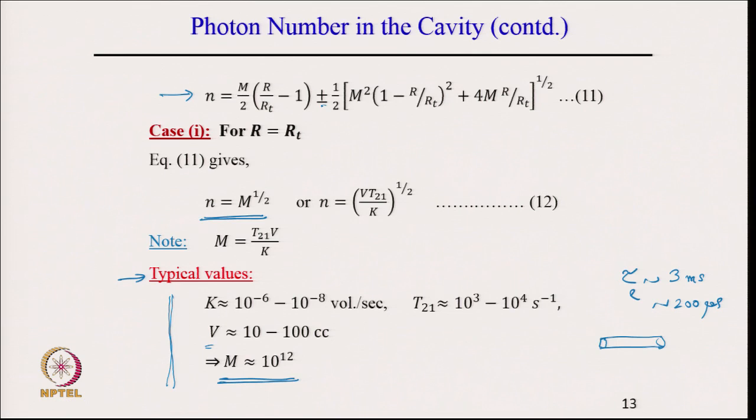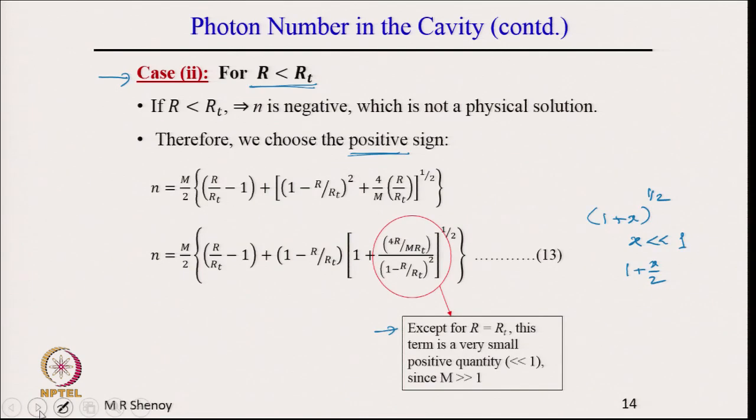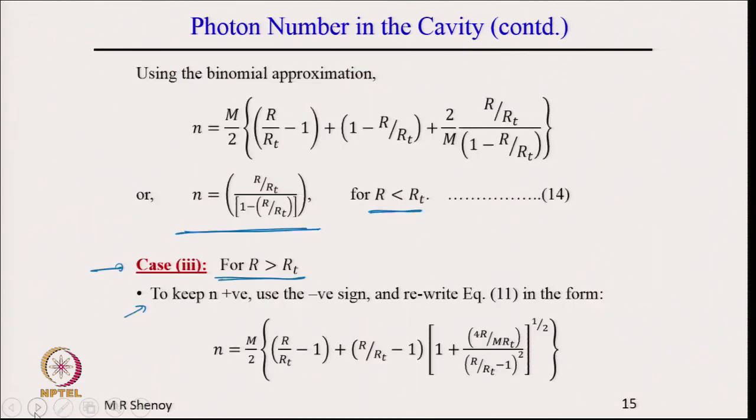We have to take the negative sign now, and therefore we rewrite equation 11 in this form. Because we have now flipped the r by RT, earlier it was 1 minus r by RT, we have interchanged this, and the negative sign is made positive. No approximations are made here, we have simply put it in this form.